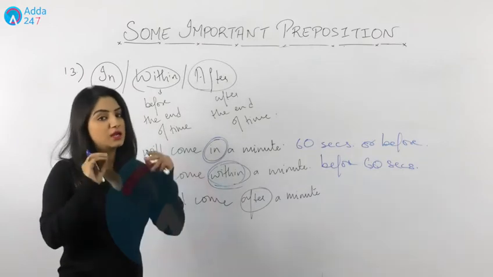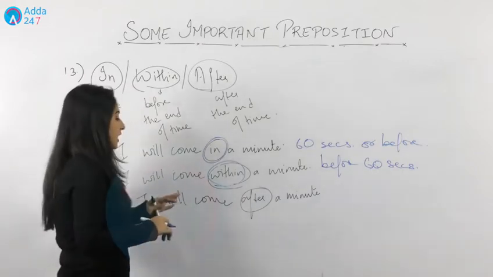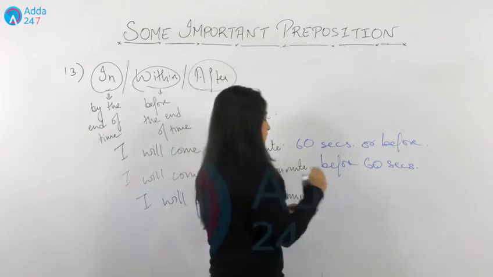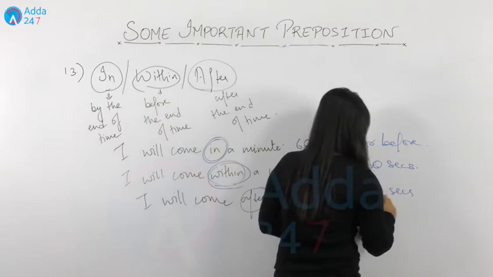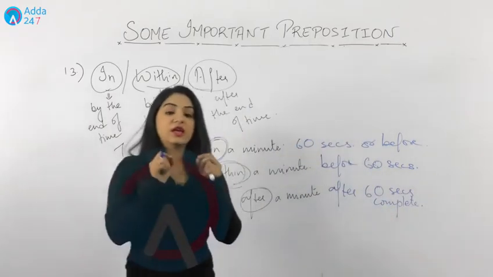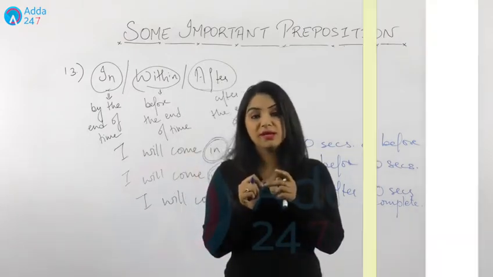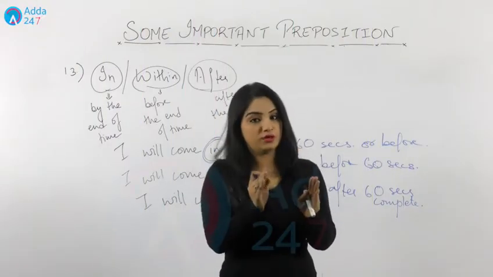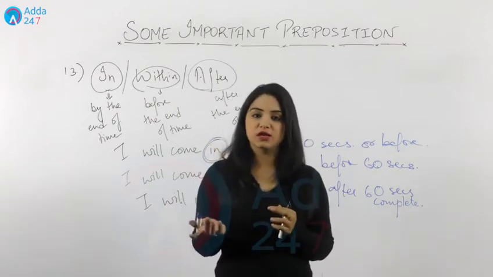It can be done in 59 seconds as well. And if I say after, it will only mean after 60 seconds complete. Fine. So there is a difference between in, within and after. In means till that time or before it. Within means only before that time, and after means only after that time.